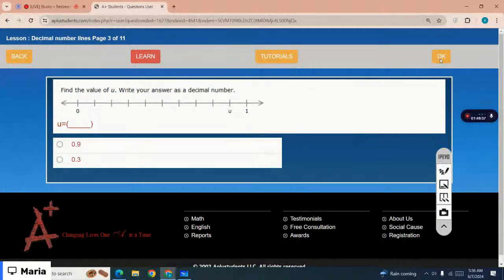Find the value of u. The correct option is 0.9. Option number 1 is the correct option.